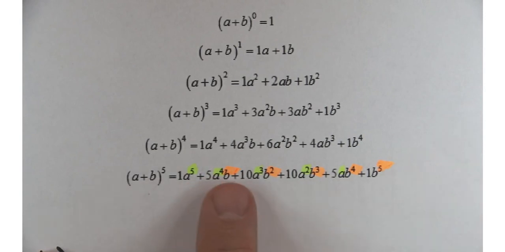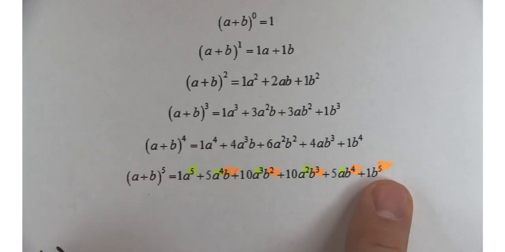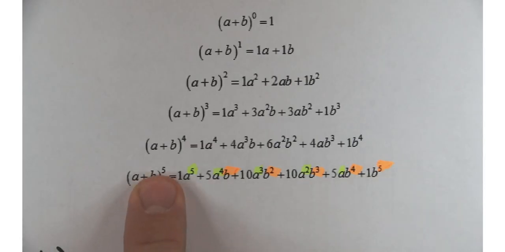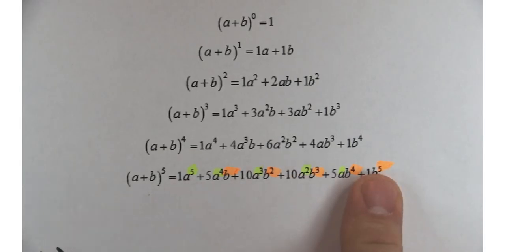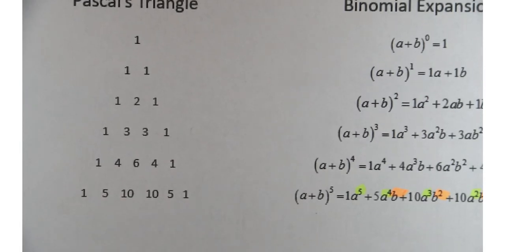But if you take a look at the total of these, 4 and 1, 3 and 2, 2 and 3, 1 and 5, 1 and 4, what do they always total up to? This one right there. So there's a pattern to this. And if you know the pattern of the exponents here, and if you know the coefficients from Pascal's triangle, then great. Then you can expand these binomials a lot faster than having to multiply it out by hand.